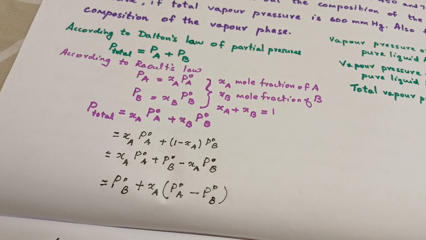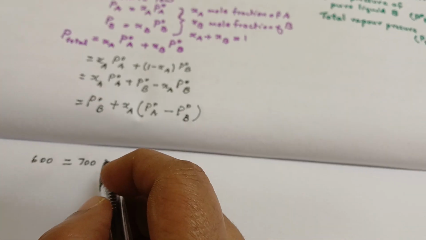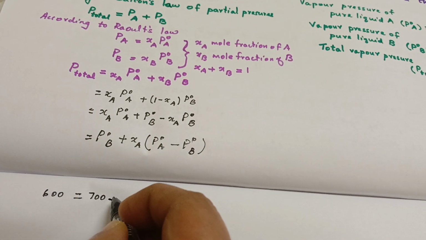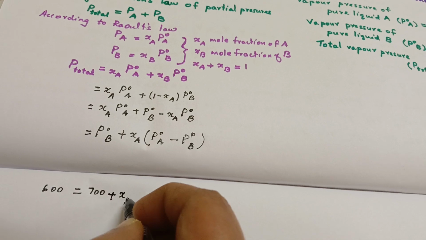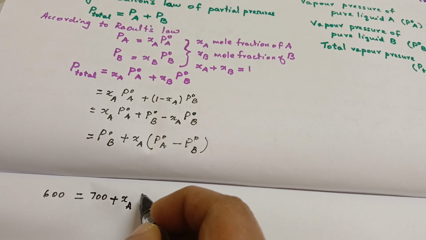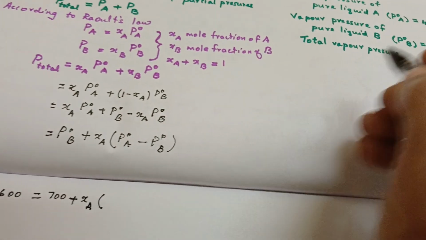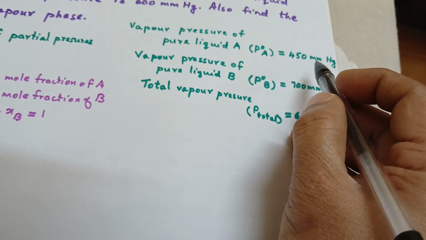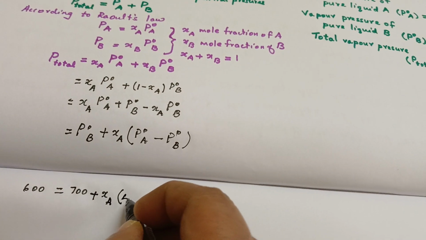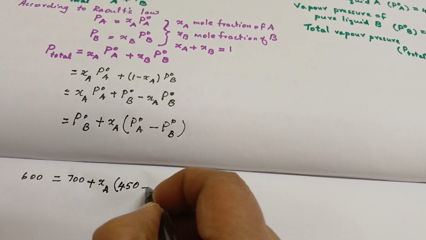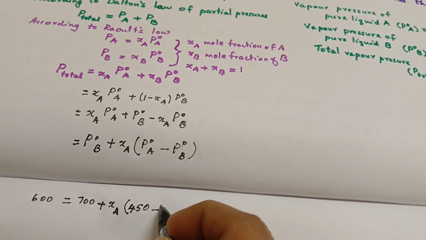600 is equal to 700 plus XA into P0A, which is 450 millimeters of mercury. So 450 minus P0B, which is 700.